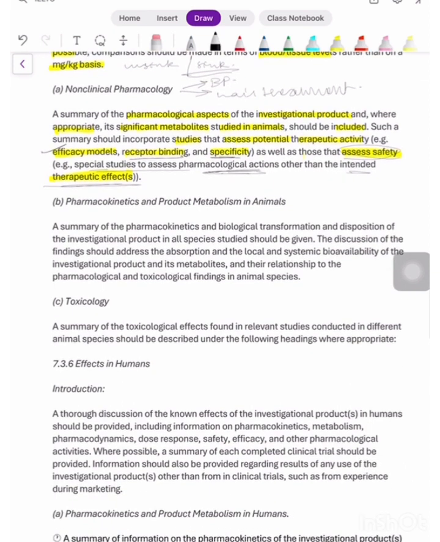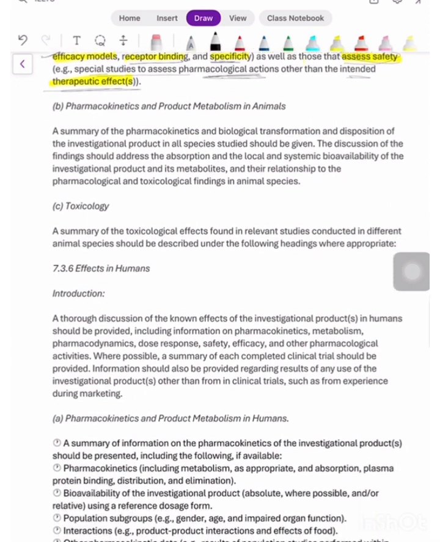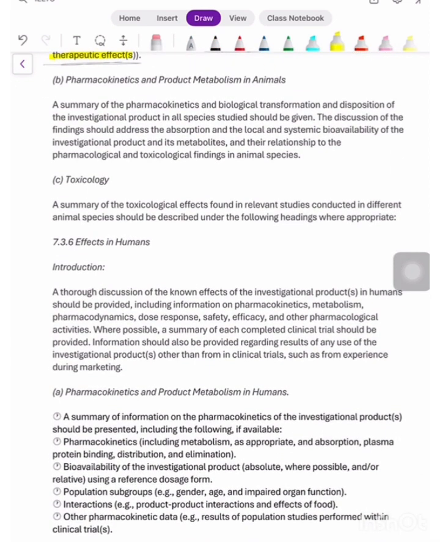So non-clinical pharmacology means obviously they are talking here about the therapeutic effect or whatever metabolites it's generating after showing its action. Then pharmacokinetic and product metabolism in animals. So a summary of pharmacokinetics and biological transformation and disposition of investigational product in all species should be given. Right. The discussion of the findings should address the absorption and local and systemic bioavailability of the investigational product and its metabolites and their relation to the pharmacological and toxicological findings in the animal species.